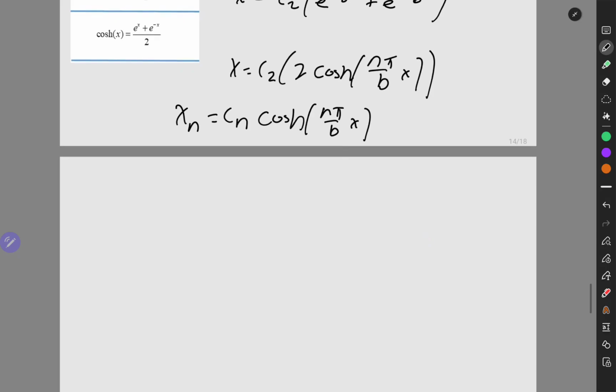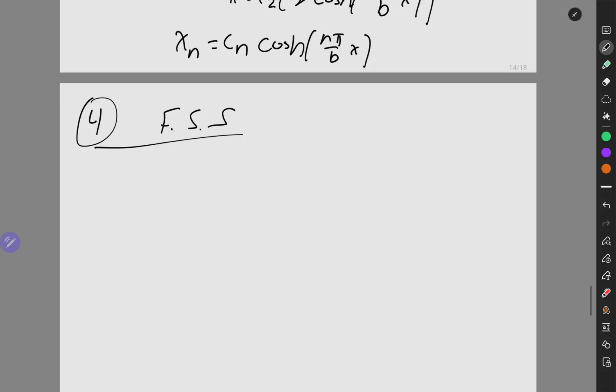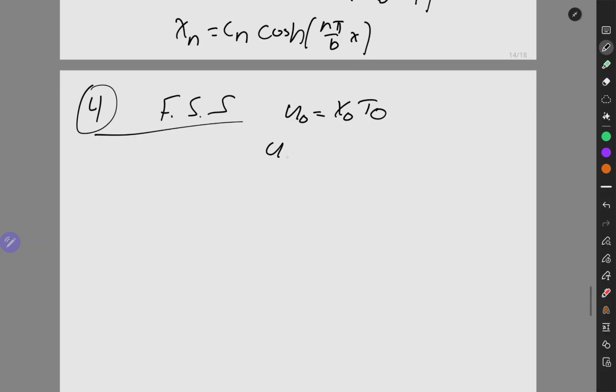Now, step 4 is the fundamental set of solutions. Remember, we define this would be x n times y n.